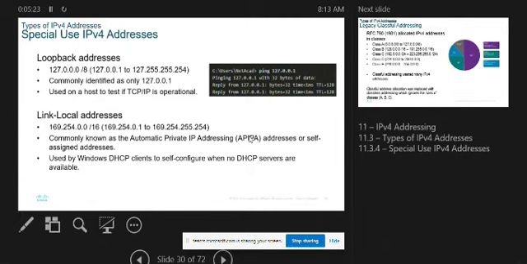The link-local address that you guys see here, inside of Windows and other devices, there's something called APIPA, automatic private IP addressing. Anytime you guys see this, this is not good. This means that our adapter did not get a dynamically assigned address.